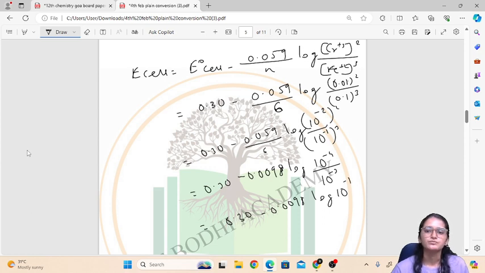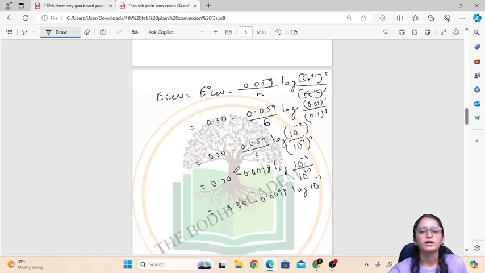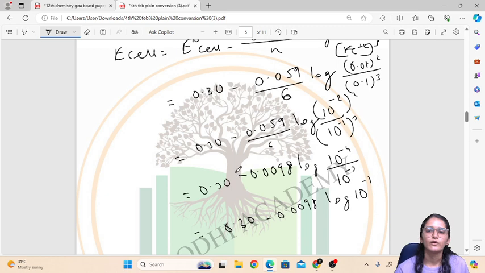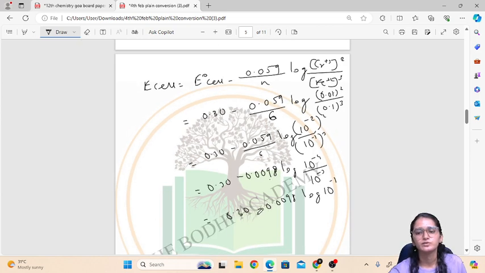Now mostly students make mistakes here: they first subtract 0.30 minus 0.0098 and then multiply that answer with the log. That is not right, that is a completely wrong method. What you have to do first is multiply 0.0098 with the log value, and whatever answer you get, you subtract from 0.30.